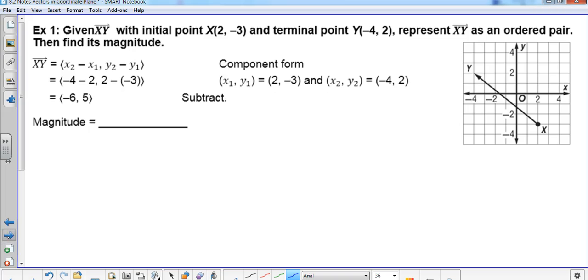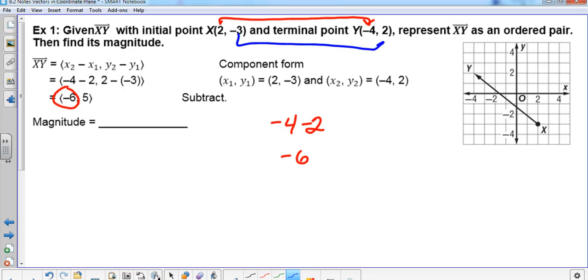All right, what do you have on your sheet? You have this example. So you can say to yourself, from 2 to -4 is down 6, or a -6. You can also subtract, but you have to do the second one minus the first one. And then for the y component, you would do 2 minus -3. I would just think to myself, from -3 up to +2 is 5.